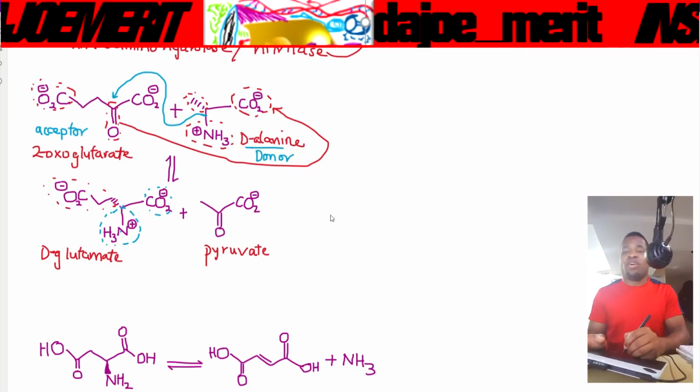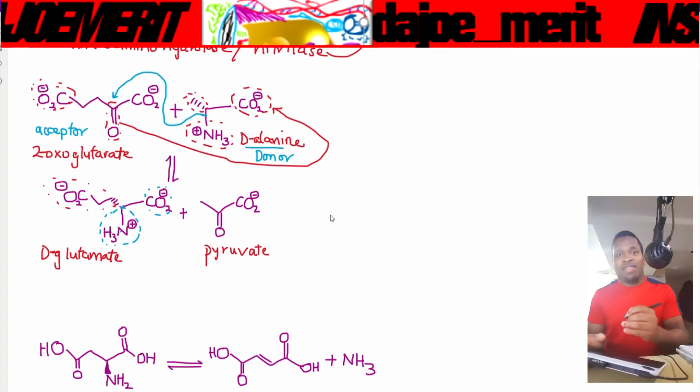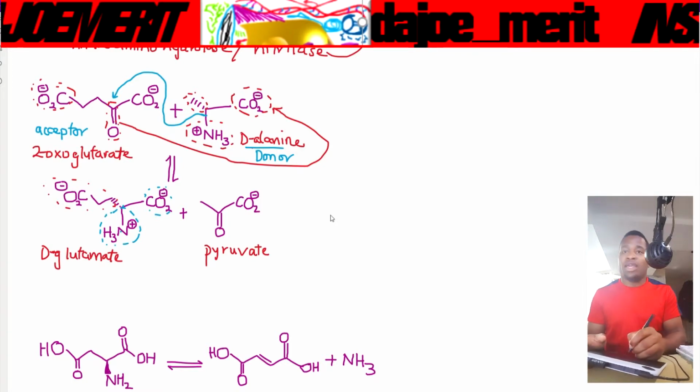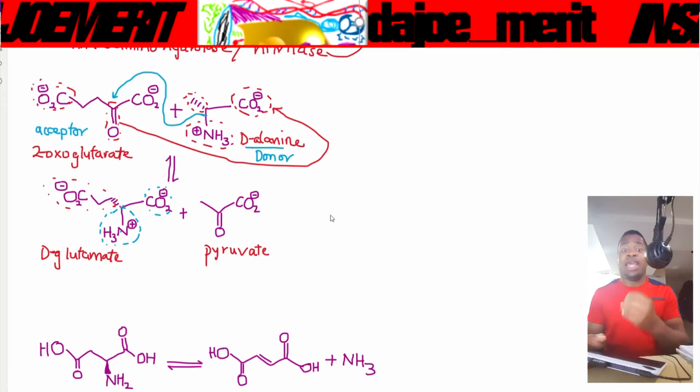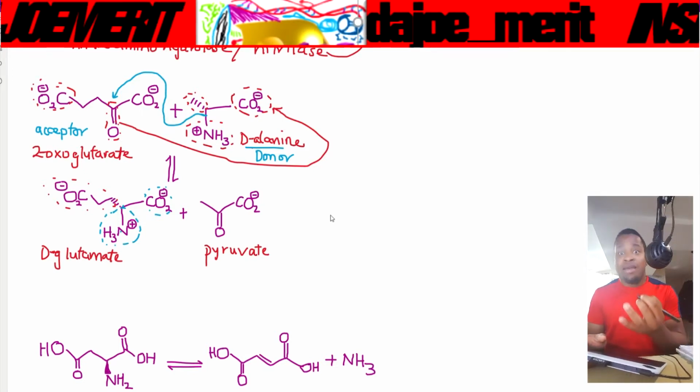So as a result of that, once you're able to identify the donor and the acceptor, in this case we can determine the name based on the reaction that is formed. Once you have a donor and an acceptor, this is considered to be a transferase enzyme related action.